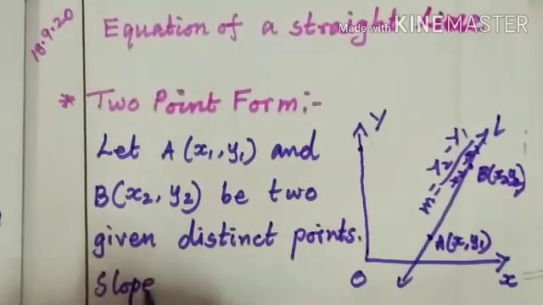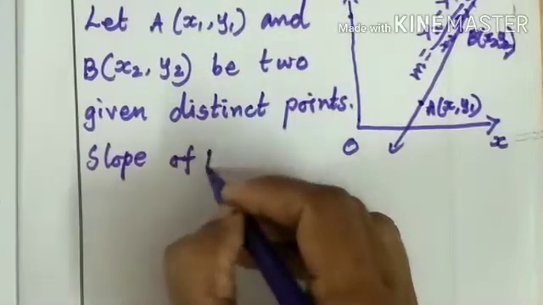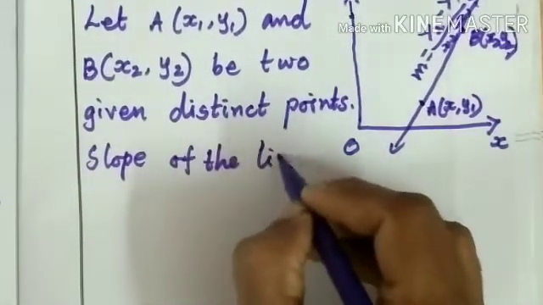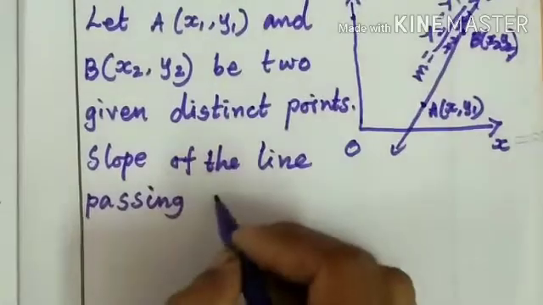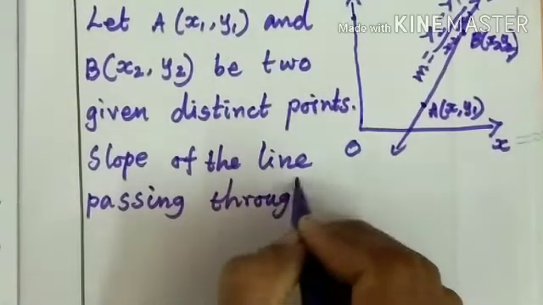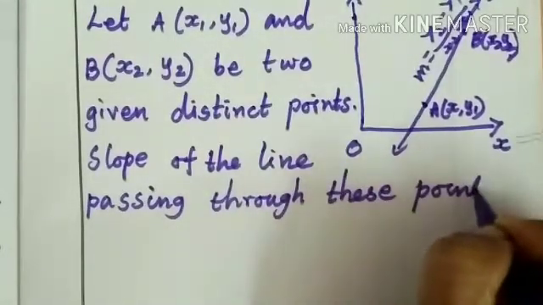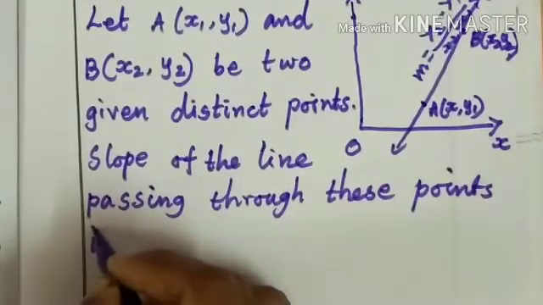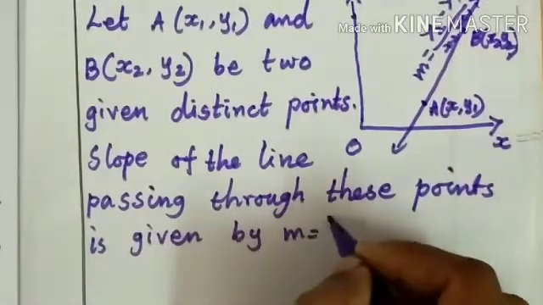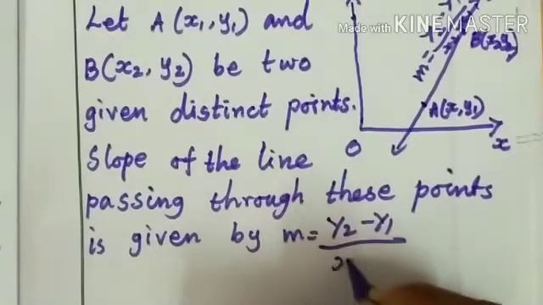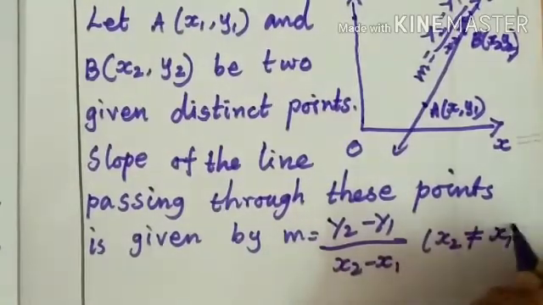The slope of the line passing through these points is given by m is equal to y2 minus y1 by x2 minus x1. Here x2 is not equal to x1.